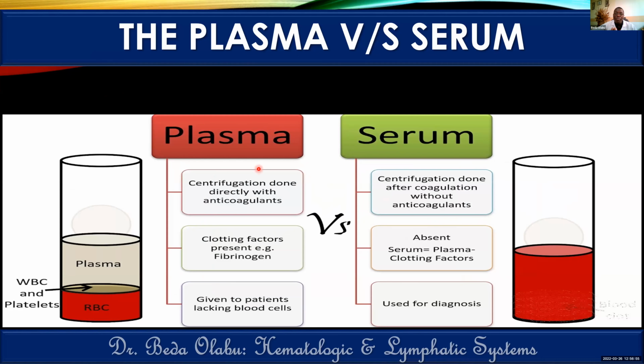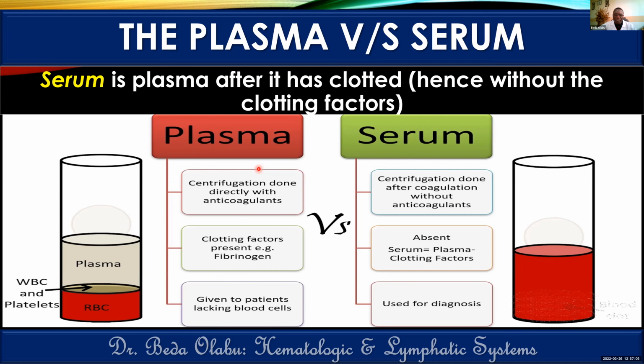What's the difference between plasma and serum? We hear about serum many times. We also hear about plasma. Now, serum is basically plasma that does not have the clotting factors. And so we obtain serum after allowing blood to clot.